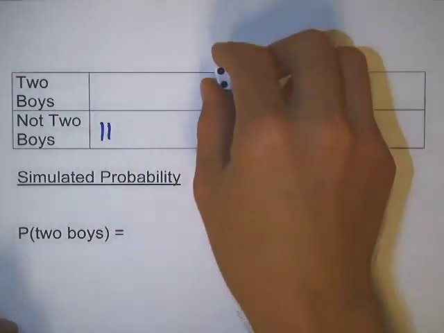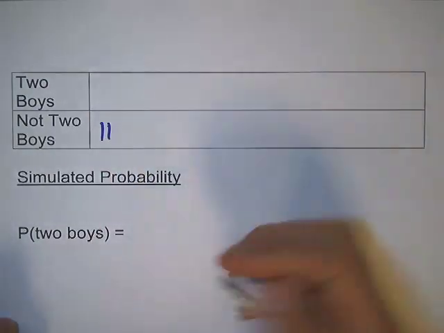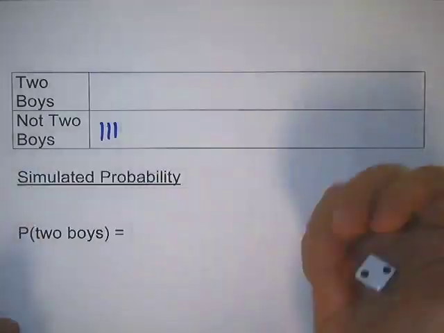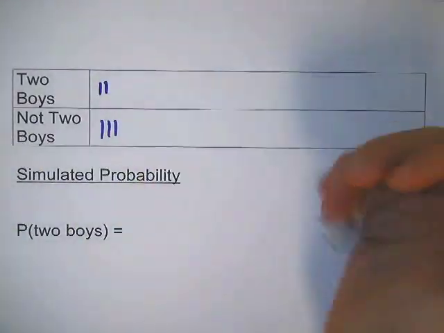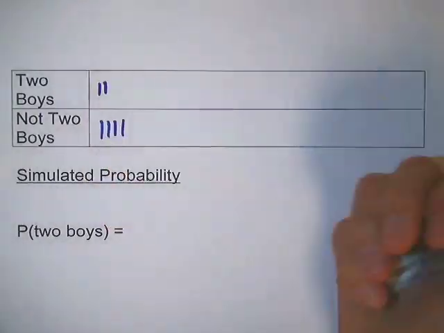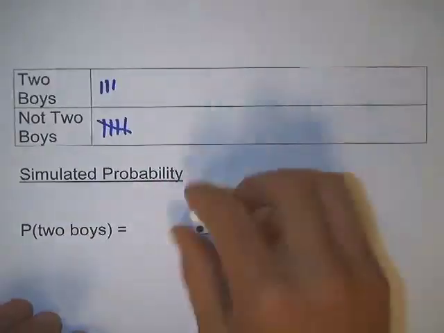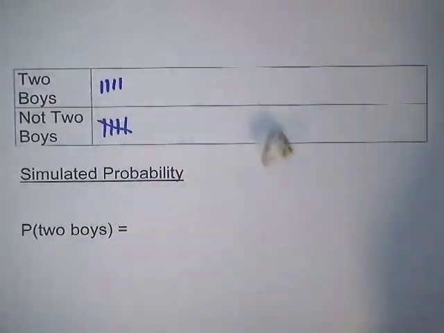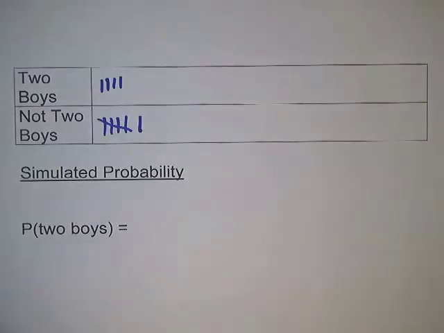Okay, so I'm going to do about 8 more, and then we'll calculate the probability. Okay, so that is 10 simulations of families of size 4.